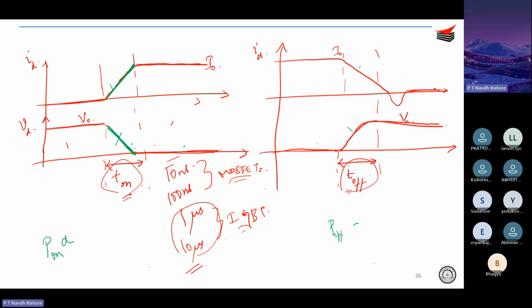And sorry, there will be some energy expended during this period. I will call this E on, the switching energy, and this will be proportional to V naught into I naught into T on.